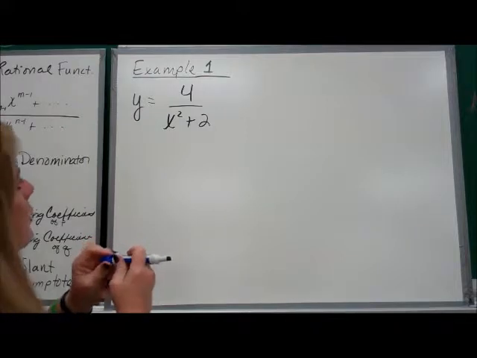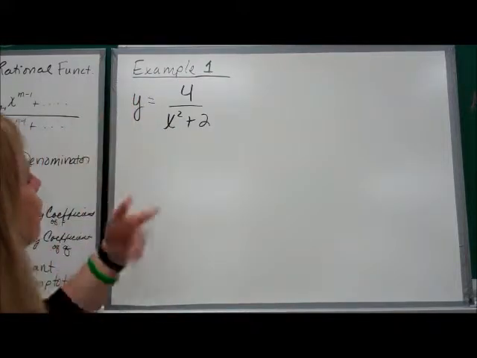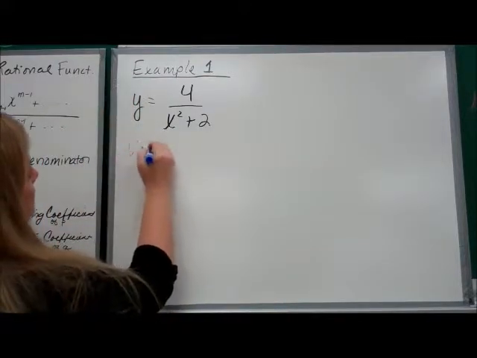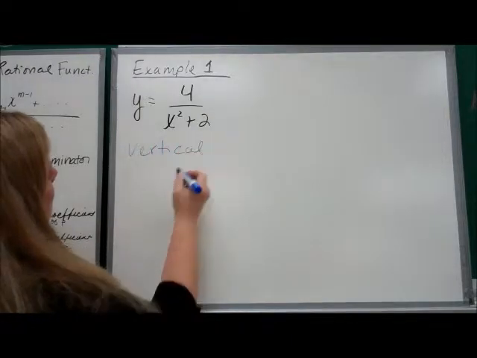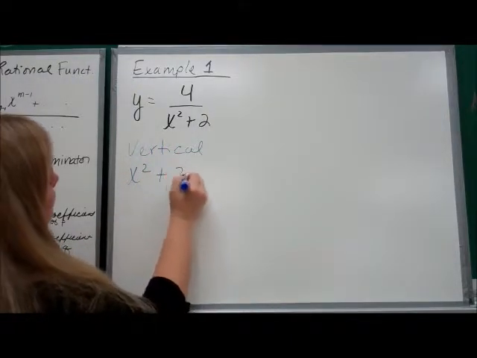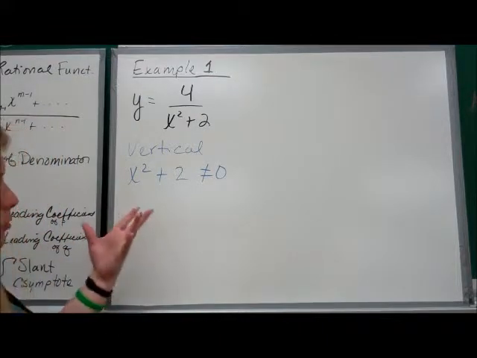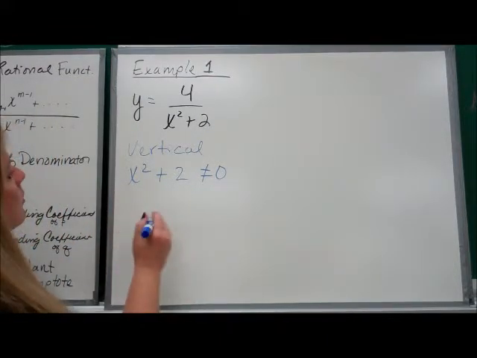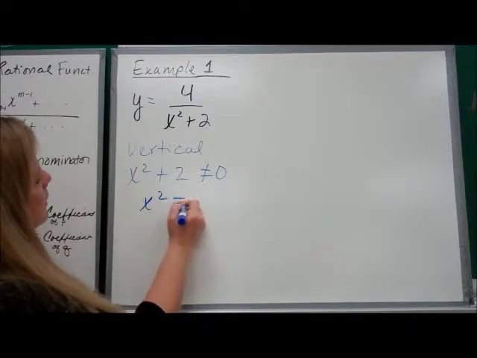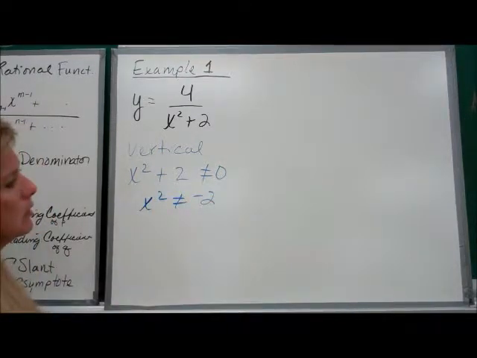So, starting with vertical asymptotes. Take x squared plus 2. That cannot equal 0. So, what can x specifically not equal? Subtract 2. X squared cannot equal negative 2.